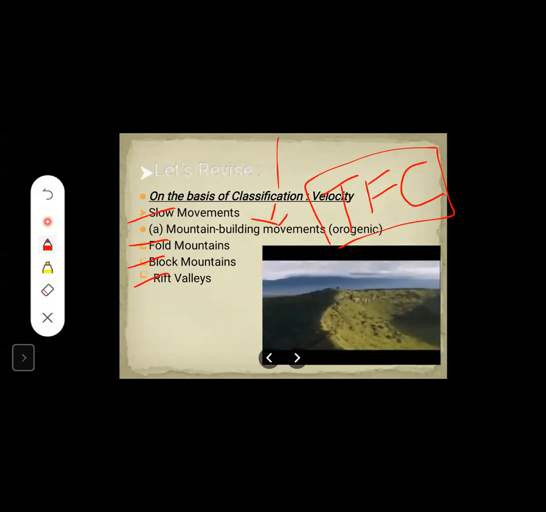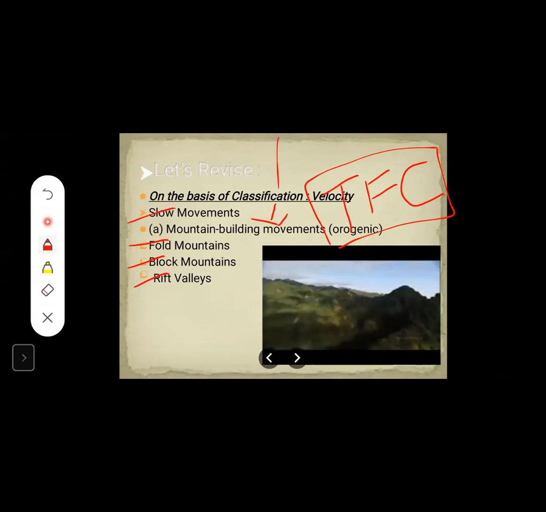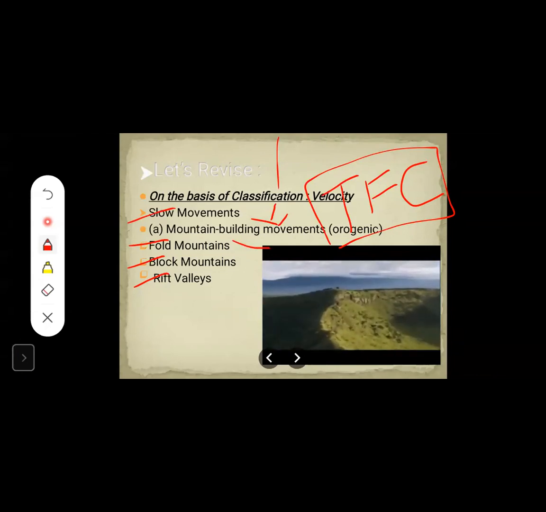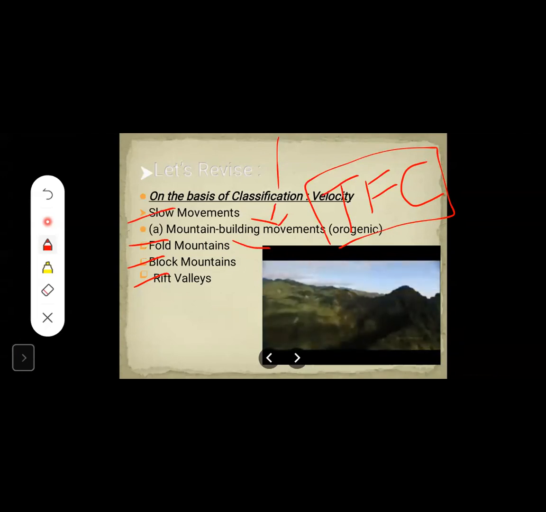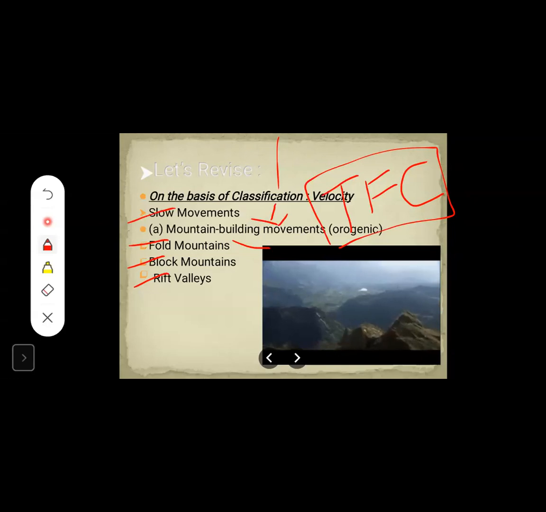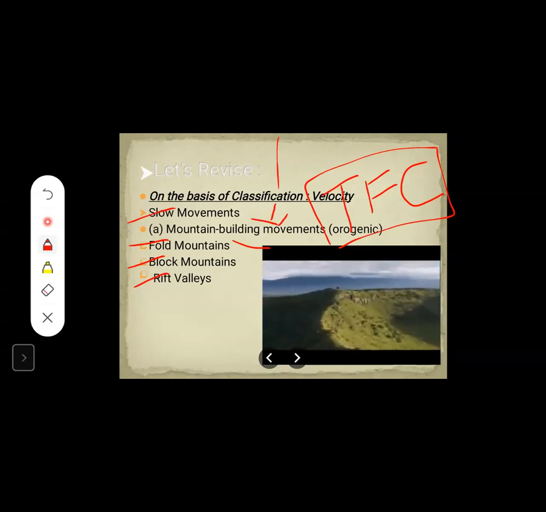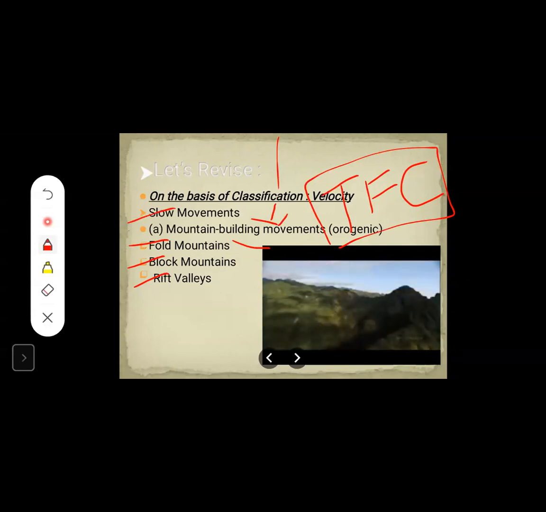Yes, for examination you have to write at least 2 to 3 examples for each and every mountain about the movements. For fold mountains, the examples are the Himalayas and the Aravallis. These two are major fold mountains of the world.